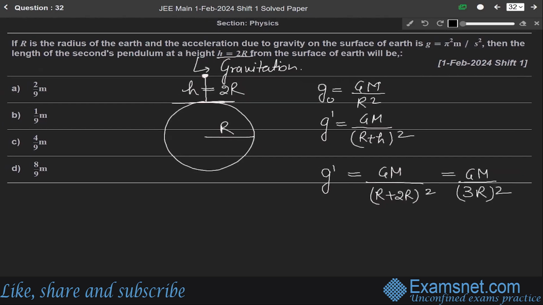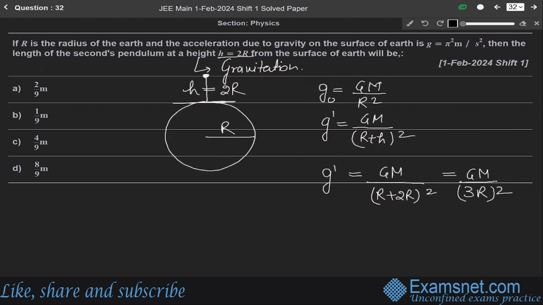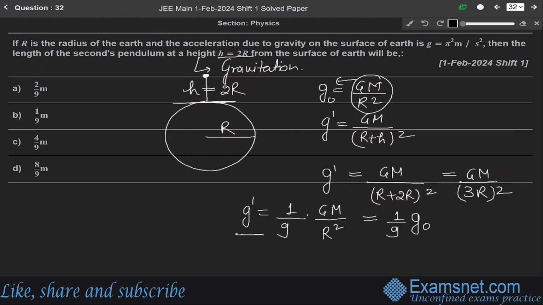So g dash equals 1 over 9 into GM over R square, and GM over R square is g naught, gravity at the surface of the earth. So g dash equals 1 over 9 into g naught.